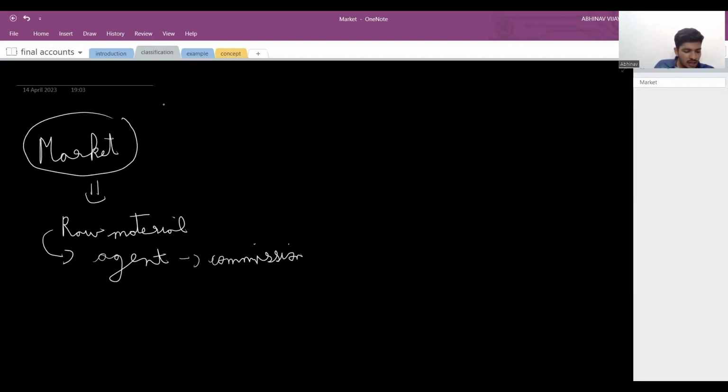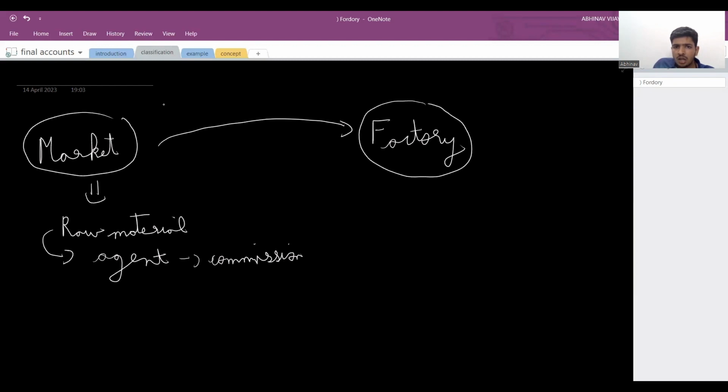Then after this raw material is purchased, it gets transferred into a factory. And for the transfer, for the transportation, a carriage or a freight or a cartage is paid.